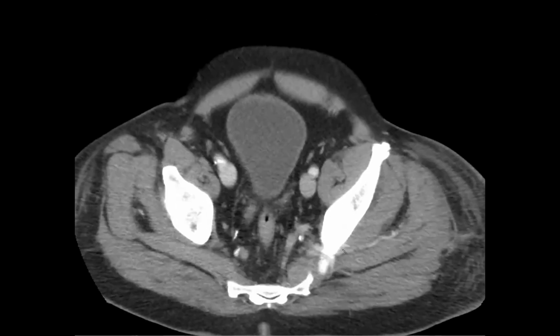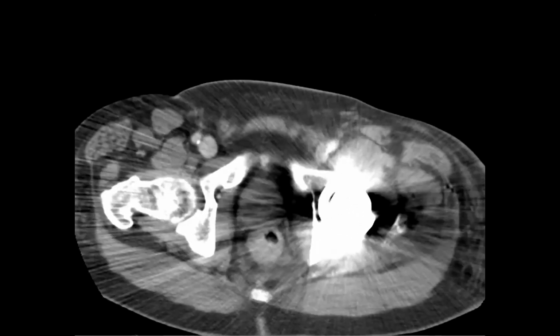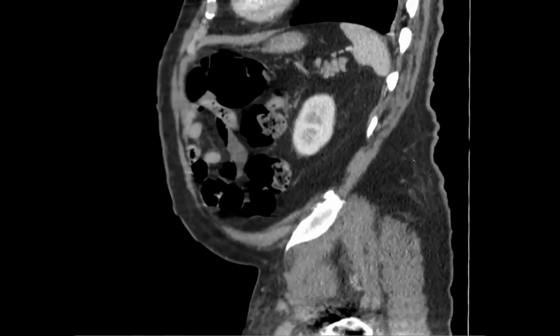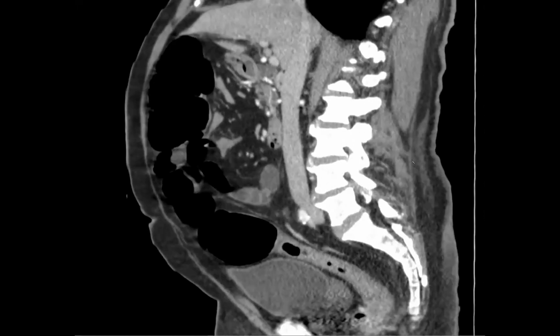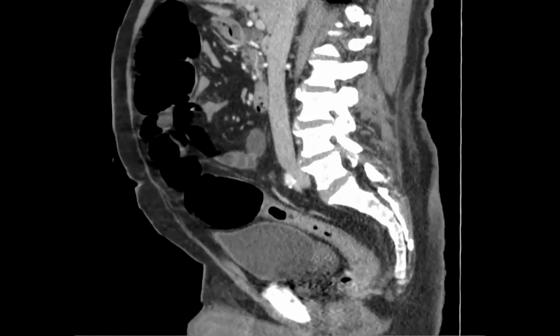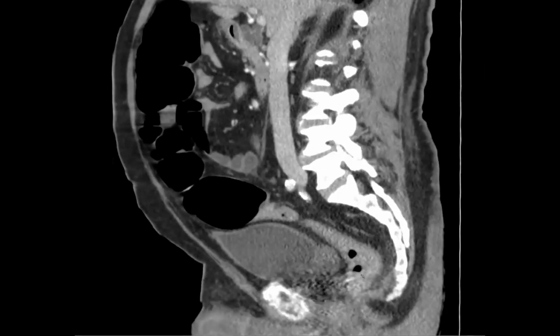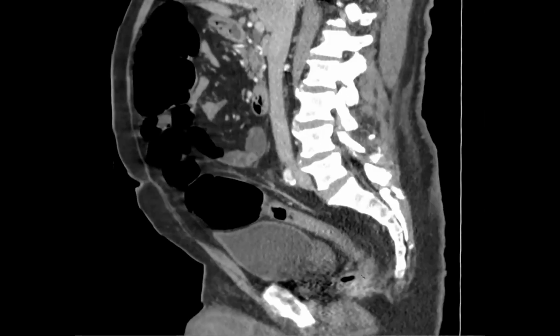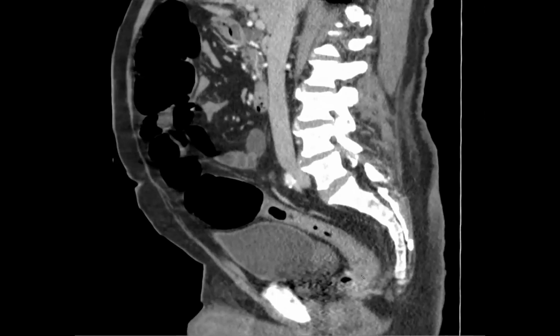I can show you the sagittal as well. One of the things I think about is sigmoid volvulus. Yeah, this case wasn't twisted, and this is the transition here. A pretty long decompressed segment. Any radiation? Yeah, maybe they had radiation or UC. Nope, no radiation, no UC.